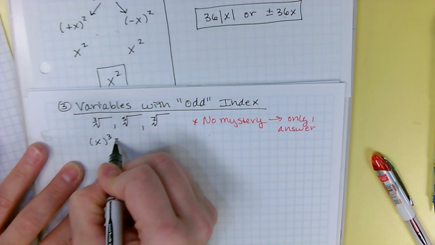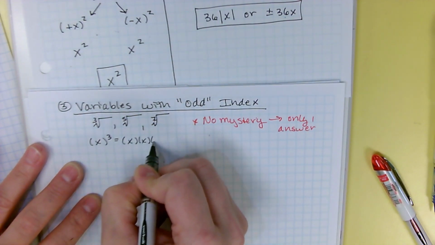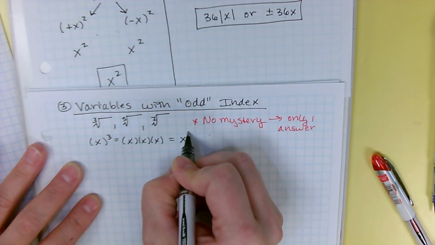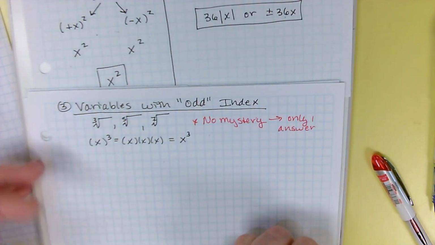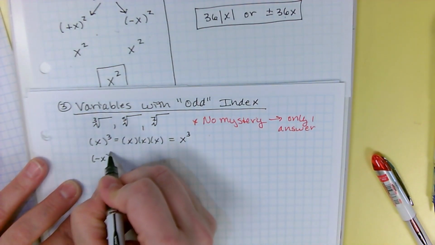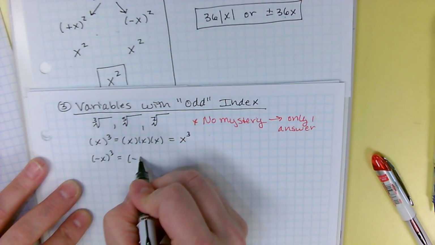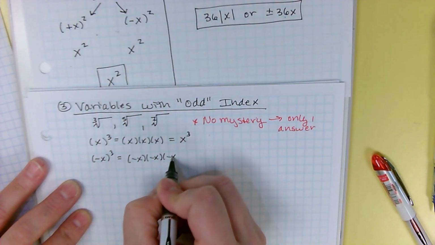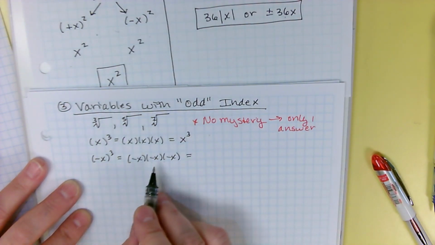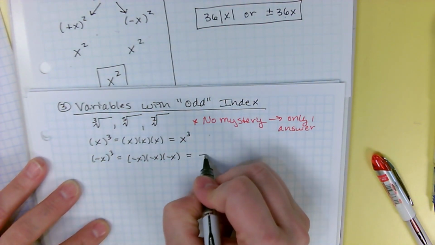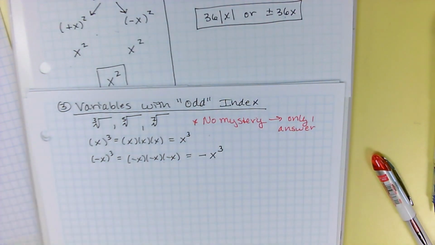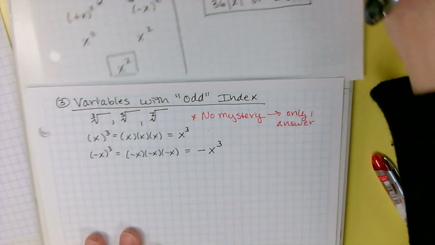You have x times x times x, which is x cubed, and it's positive. If I cube a negative x times a negative x times a negative x, well, a negative times a negative is a positive times a negative is a negative, and the negative comes out of the parentheses and moves to the front as a scalar.